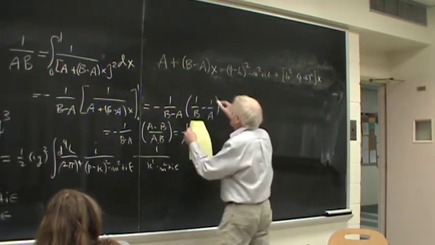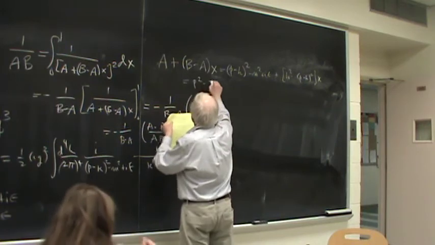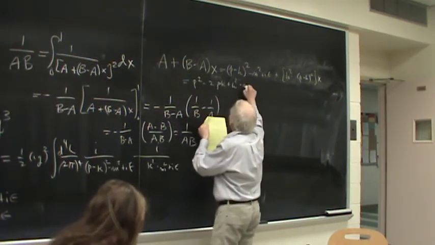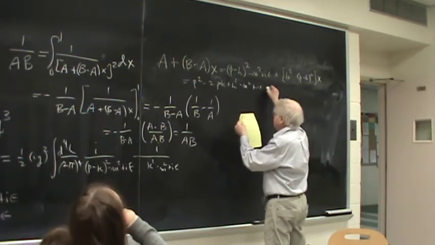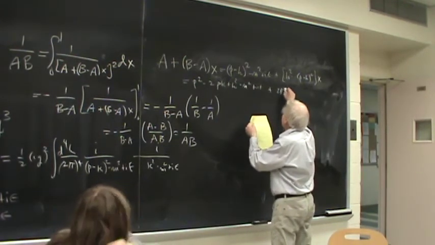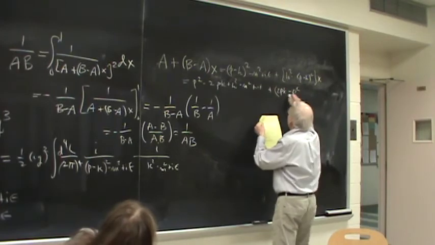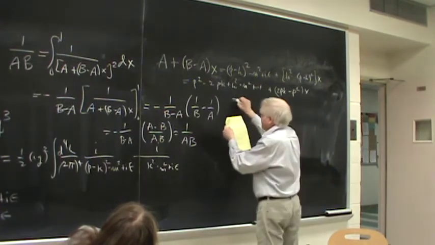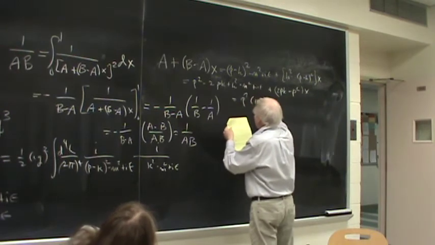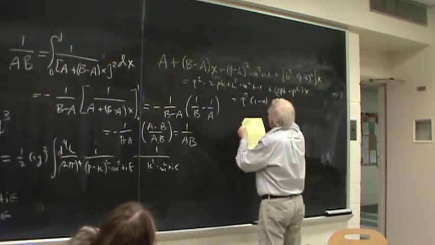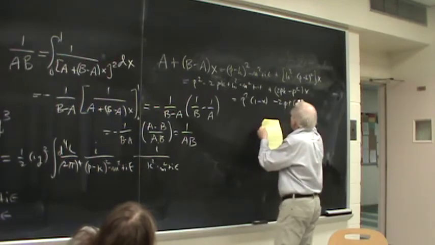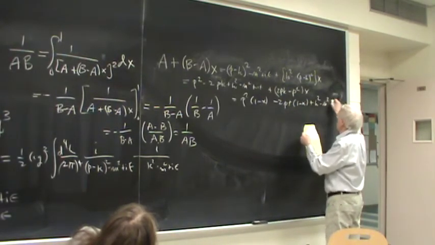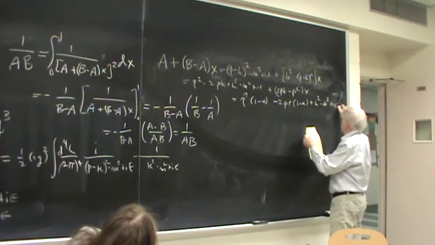So we work this out, and it's p squared minus 2p·k plus k squared minus m squared plus i epsilon plus (2p·k minus p squared) times x. Or equivalently, p squared times (1 minus x) minus 2p·k times (1 minus x) plus k squared minus m squared plus i epsilon.